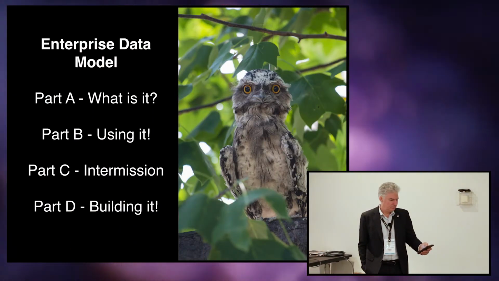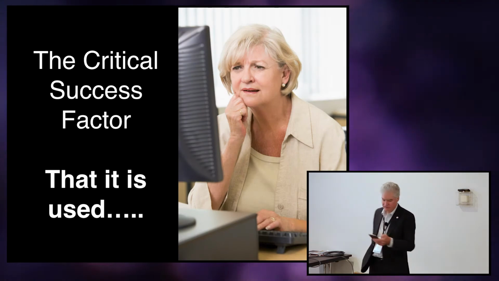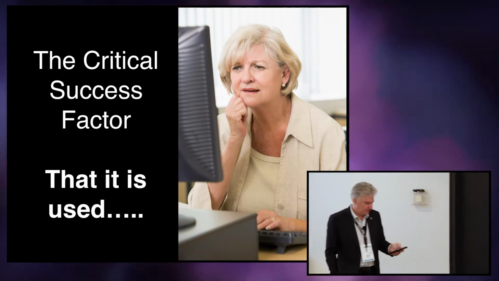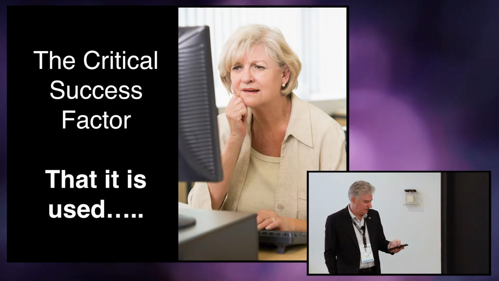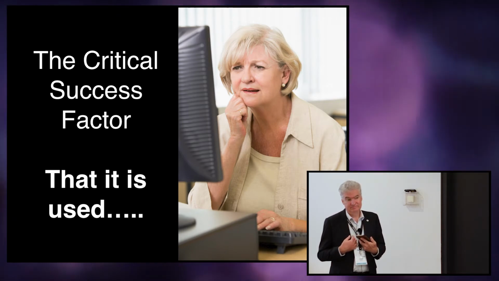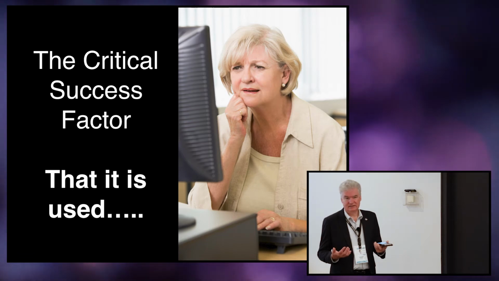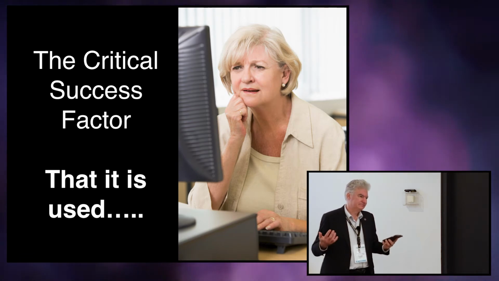So I free myself up from the need to have a fabulous data model at the centre of this. Critical success factor is that it's used. So I don't care about the methodology or whether the address is modelled as a location or a separate concept. Actually, I do when I'm doing the job, but I've modelled them both ways in the last 12 months.